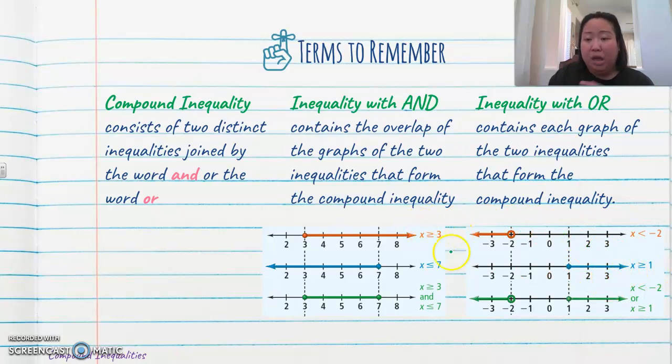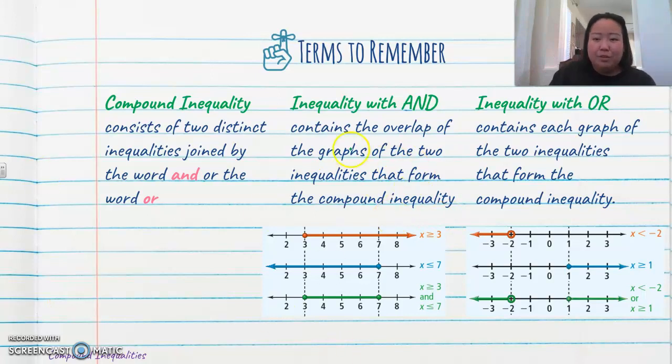If you combine these two graphs, there is no overlap at all. They are like individual graphs, okay? So one technique that you would like to remember is that when you have and, they get connected. If you have the word or, they are going in two different directions.